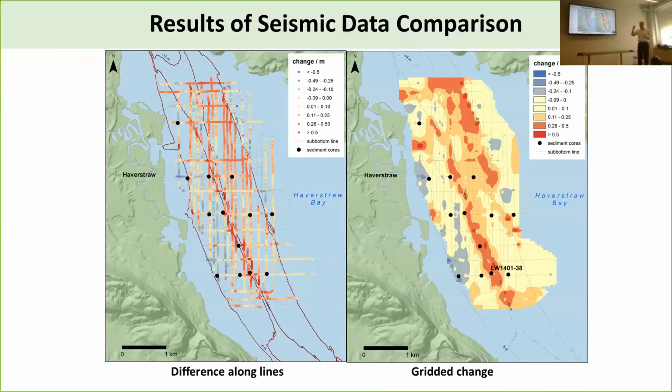We think we have probably plus minus like 10 centimeters, that's really the resolution. Then it's a little uncertain. So everything in yellow, we can't really say if it's deposition or erosion. This is kind of the limit. But with red or blue, we're pretty certain that we have deposition or erosion, and we then take all the individual line data and interpolate to come up with a grid that we can use for volume calculations.